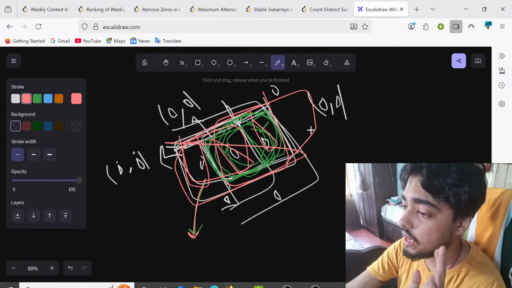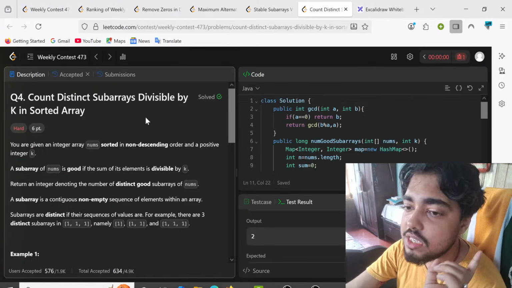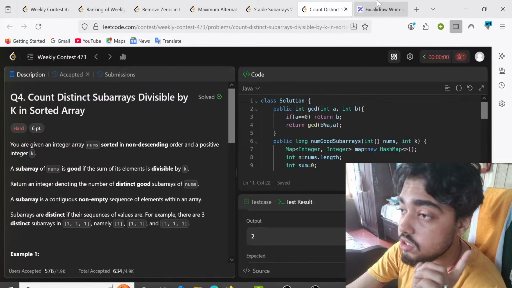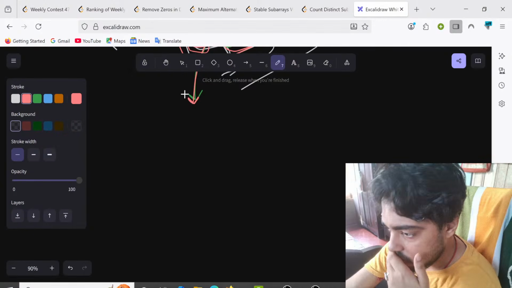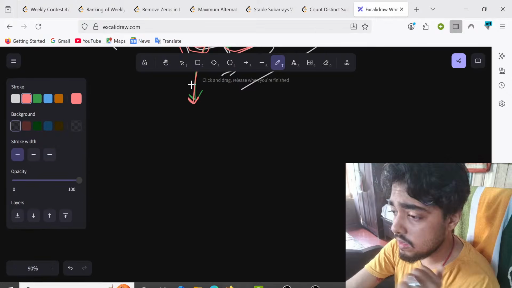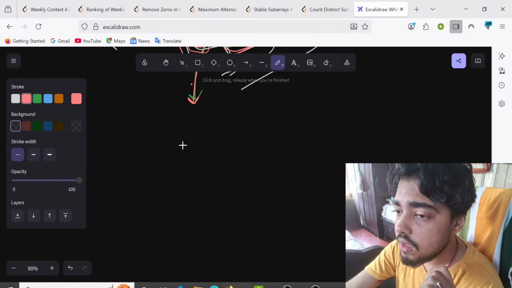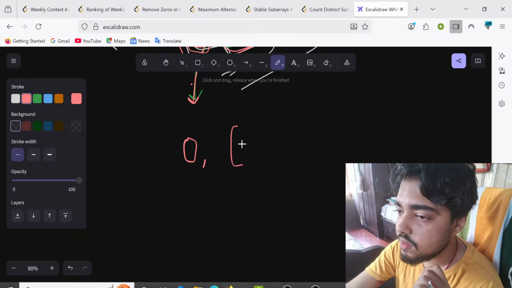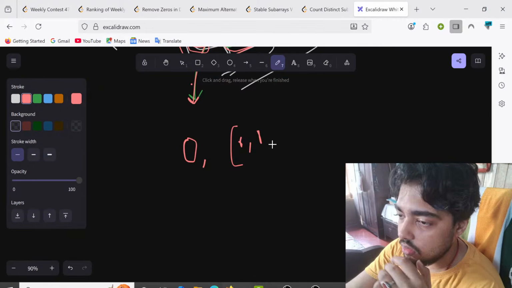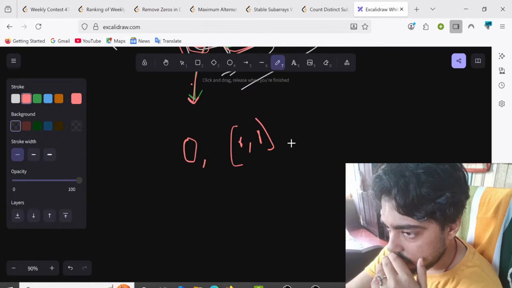But that is not the case. Why is that not the case? Because it is given that the sequence of values has to be distinct also. Which means that this is going to have only 3 subarrays. One is 0, one is 0, 0, and the other is 3 zeros.